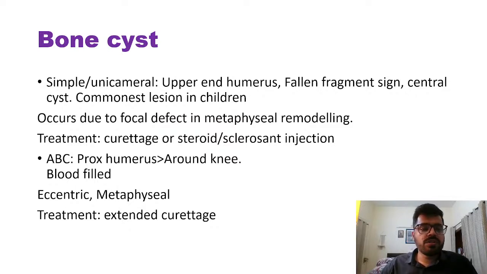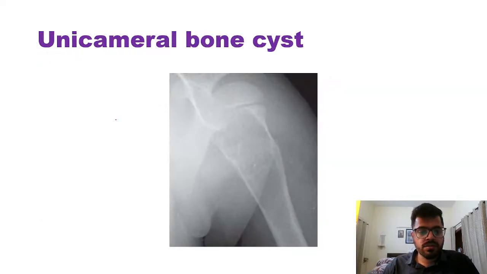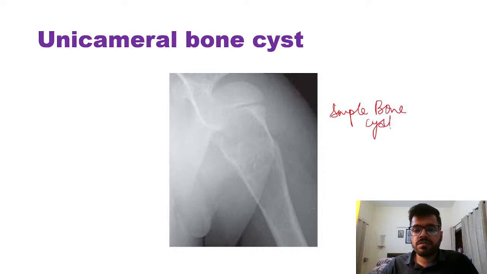Then we come to the cystic lesions of the bone. This is unicameral bone cyst, also known as simple bone cyst. Here we can see the physis.